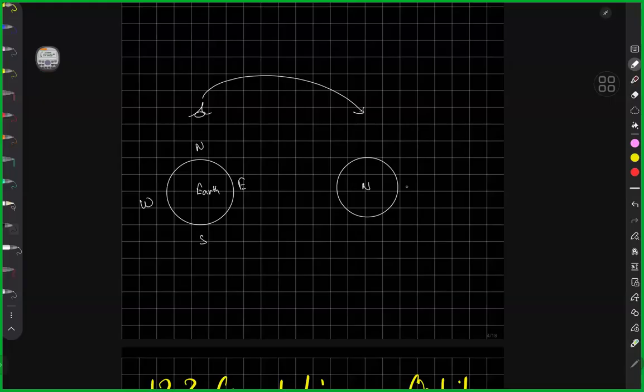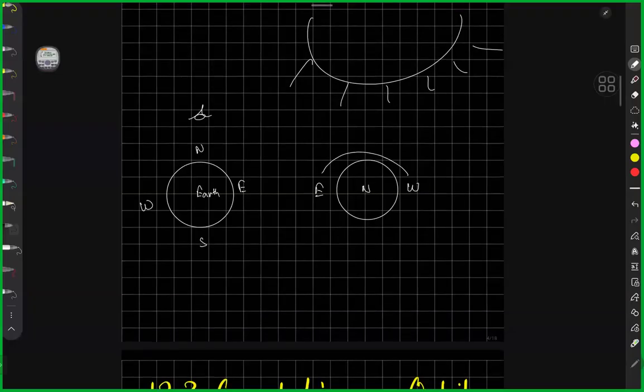Okay. Let's say this is west, and this is east. And there's the sun over here somewhere. The sun should be massive, anyway. So now what happens is this piece of Earth rotates west to east.